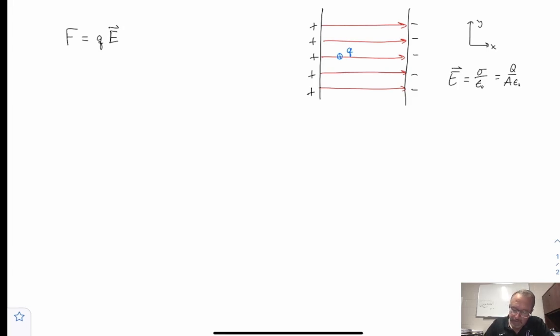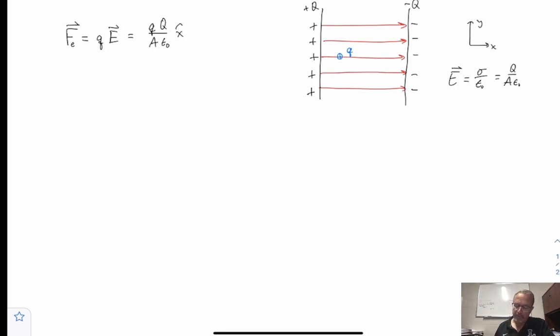So we have a plus Q over here, a minus Q over here, and so that would be the electric field that this little blue charge Q is in. And so the electric force experienced by the blue charge Q would just be Q times E, or we could write it as Q over A epsilon naught, like that, in the x hat direction, because the force that the charge is going to experience will be in the same direction as the electric field.